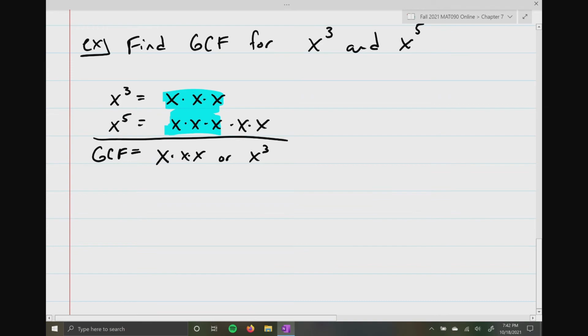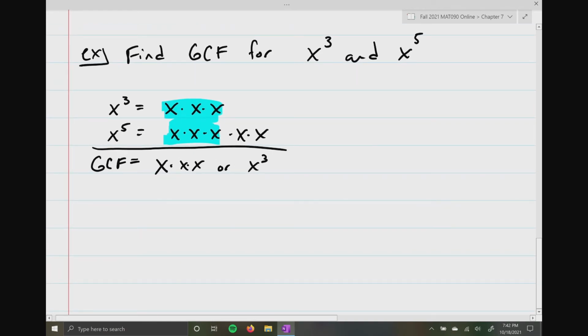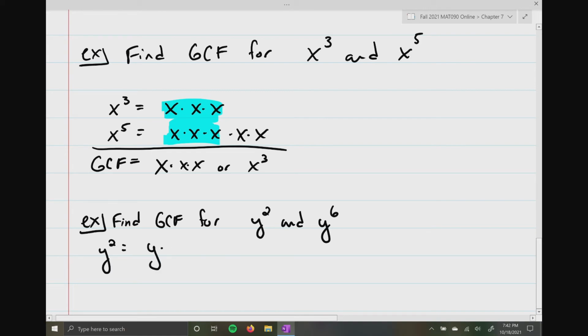Now, I'm going to try to write as clean and as neat as possible here because I'm going to show you something, okay? And hopefully you see it. So we're going to find the GCF here for y to the second and y to the, we'll go 6, okay? So y to the second equals y times y.